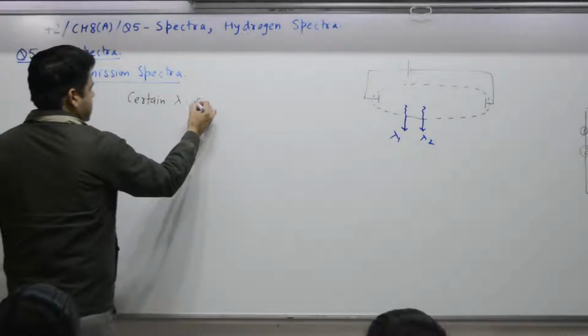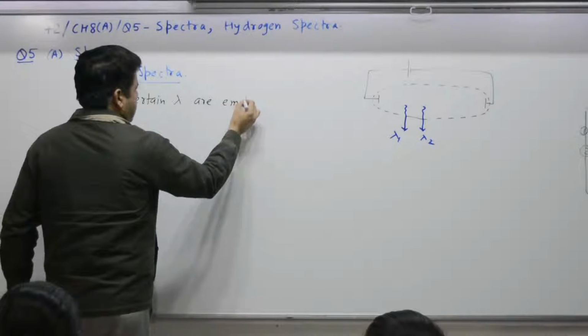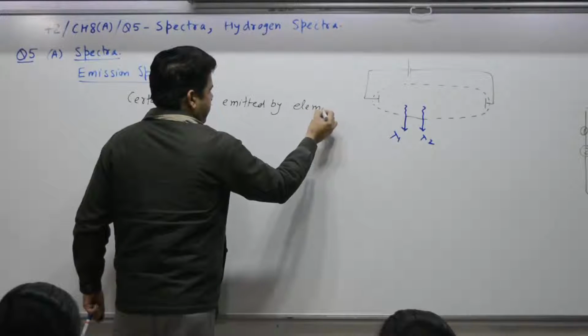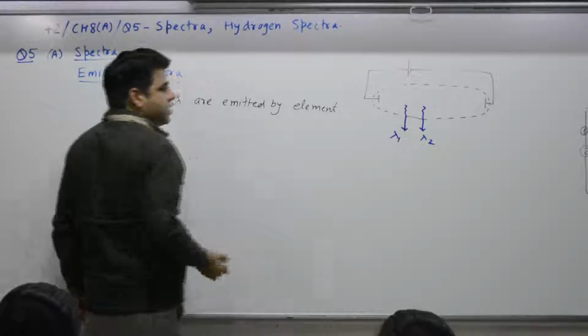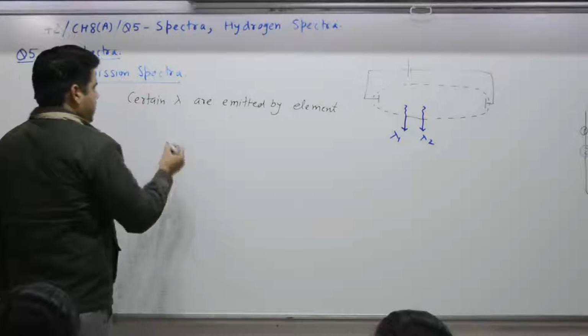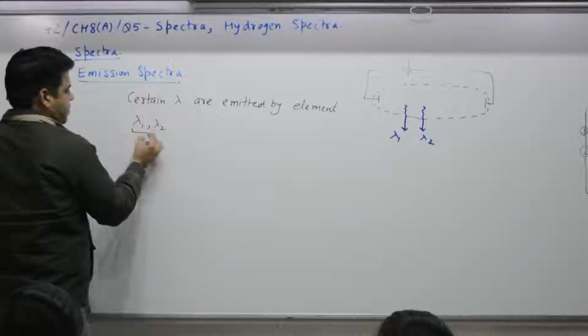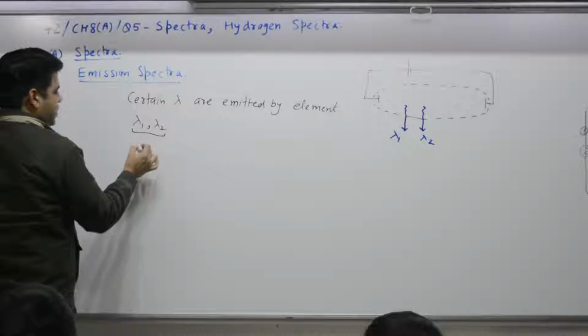Certain wavelengths are emitted by an element in gases at low pressure, say lambda 1 and lambda 2. It is what?